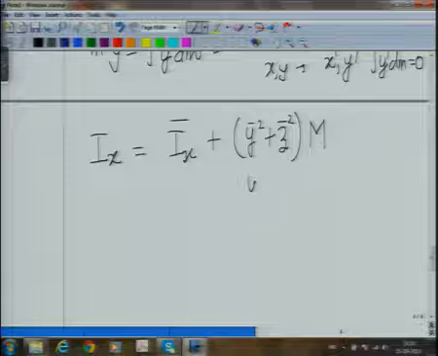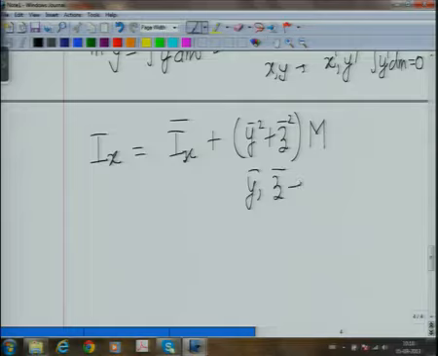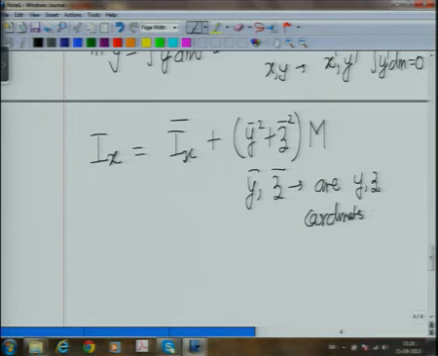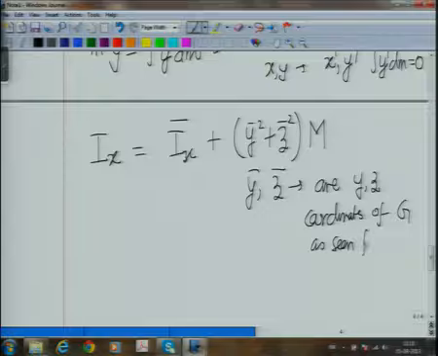So y bar, z bar are the y and z coordinates of G as seen from x.